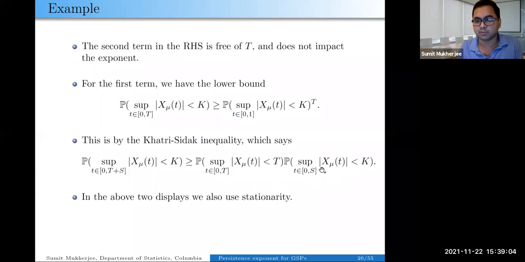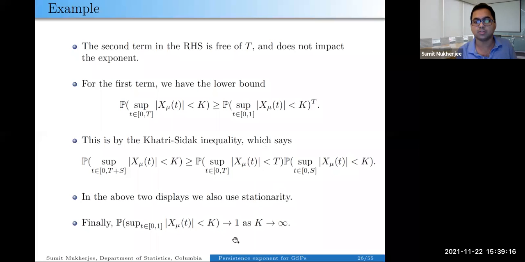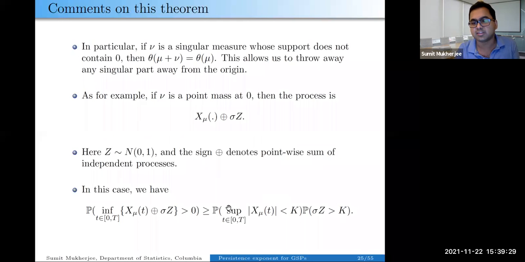Like I said, here we use stationarity in both. So in simplifying what we get, we use stationarity, and we can bound this term by this. Now we want to argue that this term is very close to 1 for k large, because here you have a compact interval and k is going to infinity. So if you go back to the previous slide, this is very close to 1, and this does not impact the exponent.